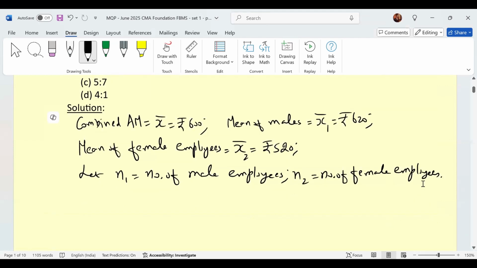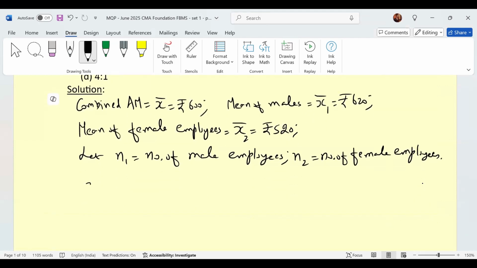So we have the combined groups arithmetic mean formula as X bar is N1 X1 bar plus N2 X2 bar divided by N1 plus N2. So now we will substitute the values.